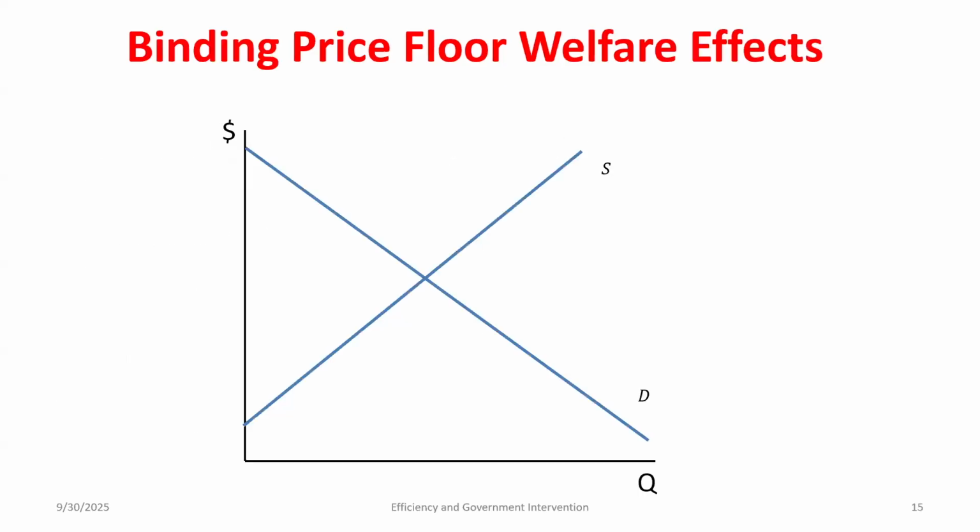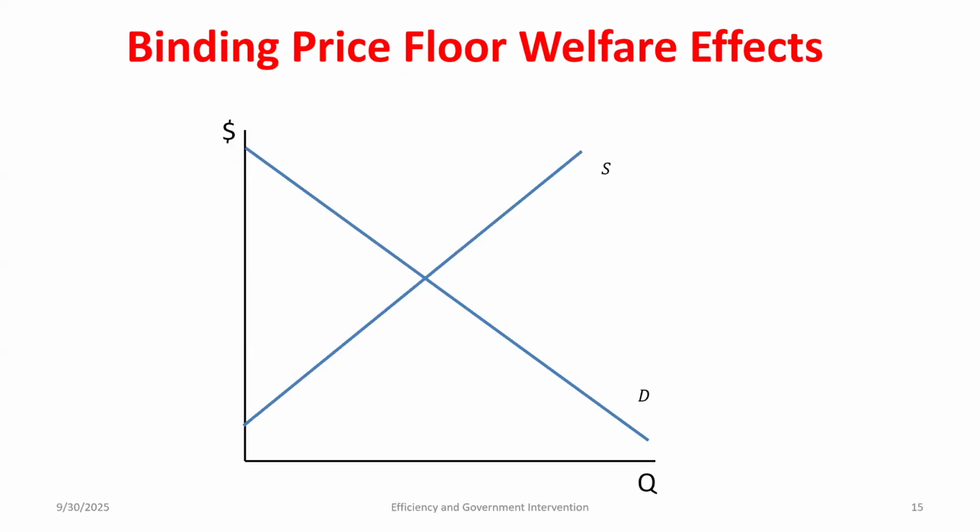So we'll start to think about what this looks like with a price floor. I want to build this out for us today, and then we might return to it on Thursday's class, but probably just briefly. I've got quantity, and I'm going to use the labor market here to make this point.